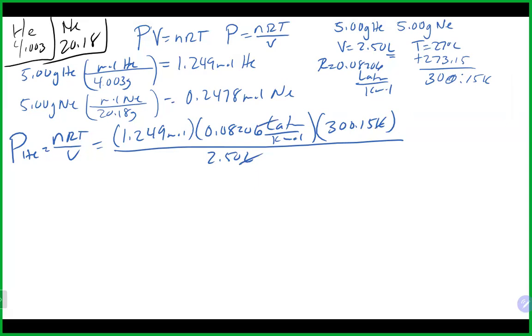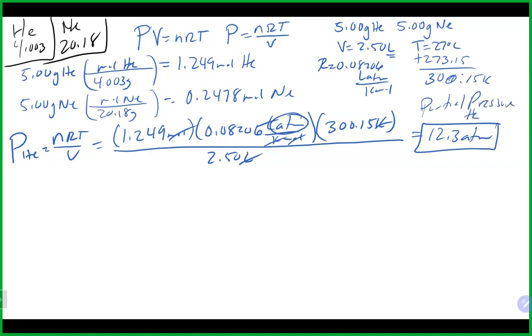Liters will cancel, Kelvin will cancel, moles will cancel, leaving us atmospheres. For our helium, that looks like 12.3 atmospheres. That number is the partial pressure of helium in this case.